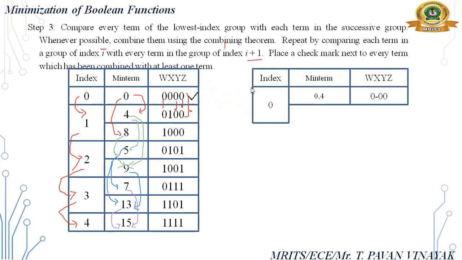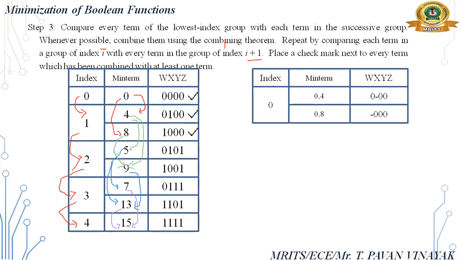After comparing 0 and 4, you have to place a tick mark. Don't forget to place the tick mark. So 0 and 4 is combined, and I am placing tick marks now. Next compare 0 and 8. After comparing 0 and 8, you get dash 0 0 0, right? Now 8 is also compared, so place the tick mark now.